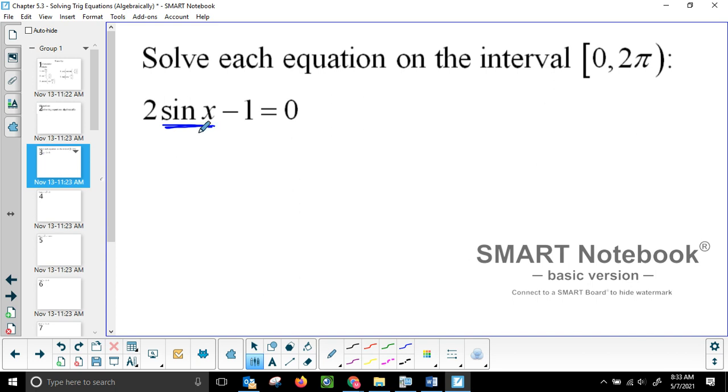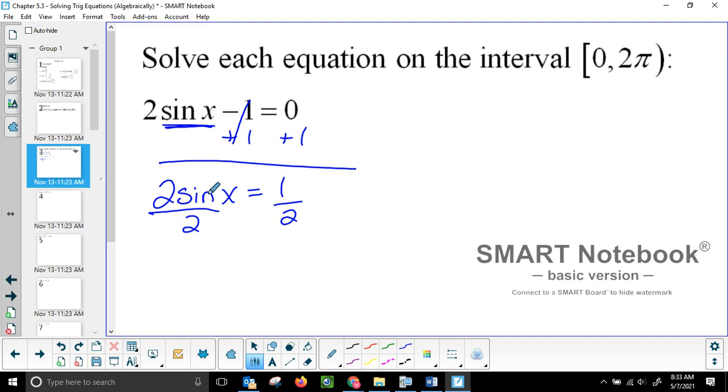Yeah, add 1 to both sides, right? So we add 1 to both sides. This will cancel. We get 2 sine of x is now equal to 1. Well, I'm still trying to solve for sine of x here. So what do I need to do next? Divide by 2. So now I have sine of x is equal to 1/2.